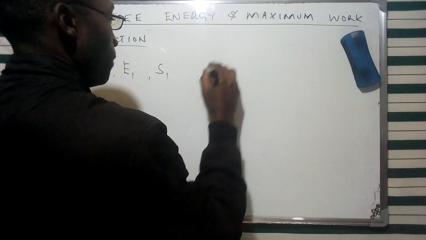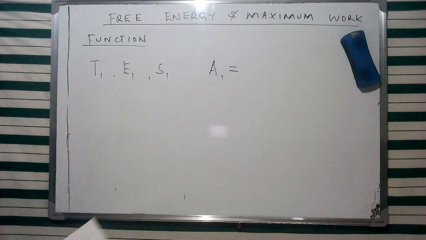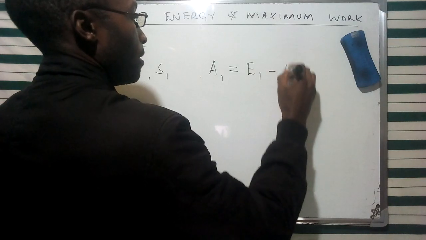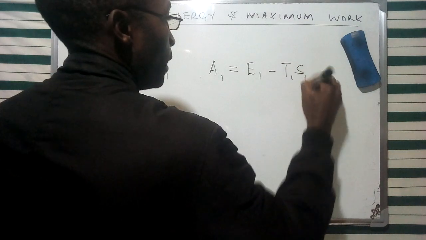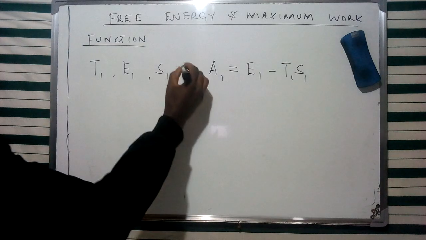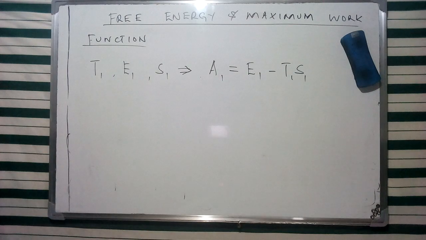We can give the Helmholtz free energy as A, which is given in terms of internal energy minus temperature times entropy. So this is the initial state of the function, whereby we consider these variables represented in this specific order.